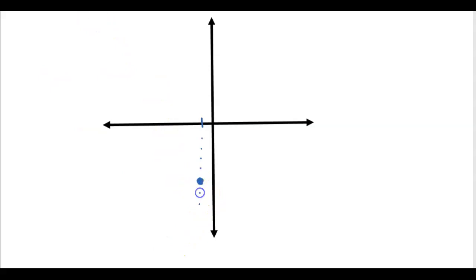Five, 6, 7, 8. And then 9. And then 8. And of course, this will be easier with graph paper. And so this is our parabola.